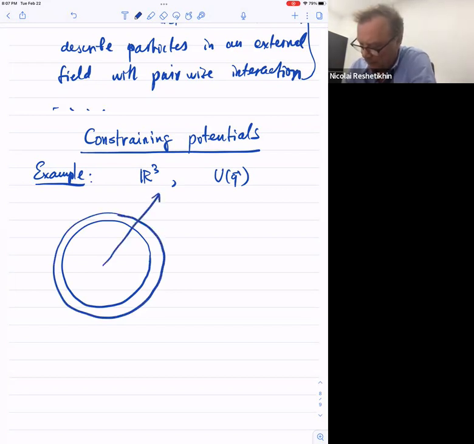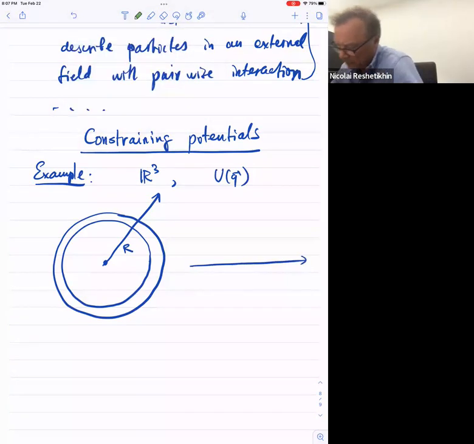So here we have radius r, and along this axis, the function U is spherically invariant. So what's relevant is how it changes in the radial direction. And I assume that it behaves like this.